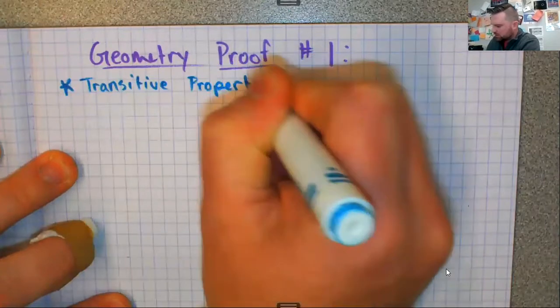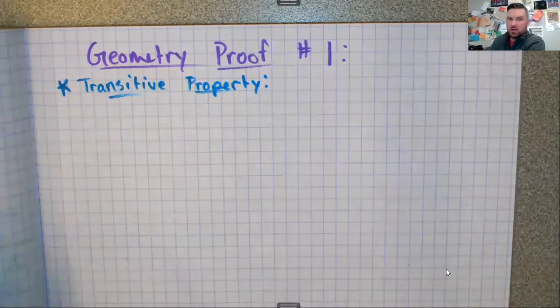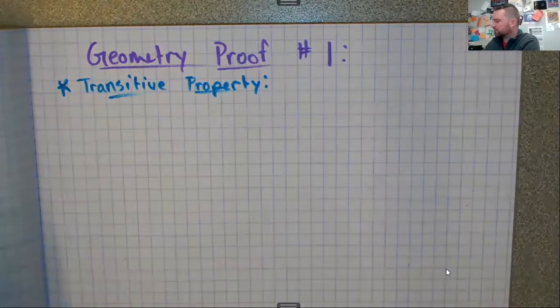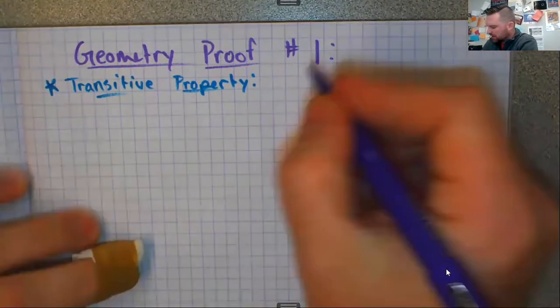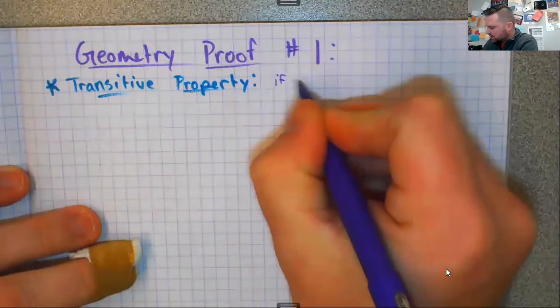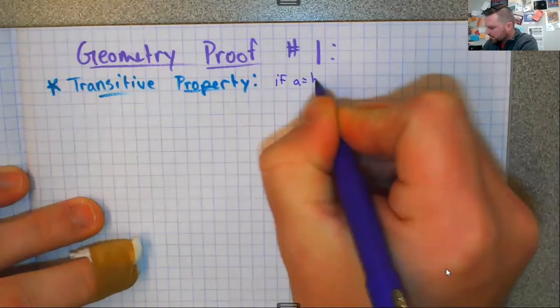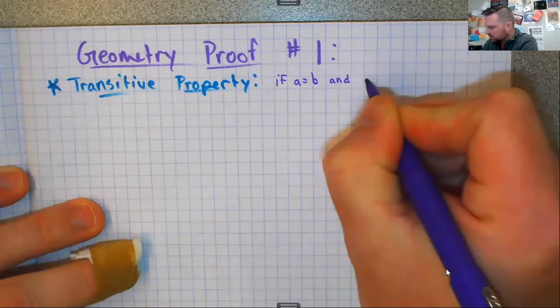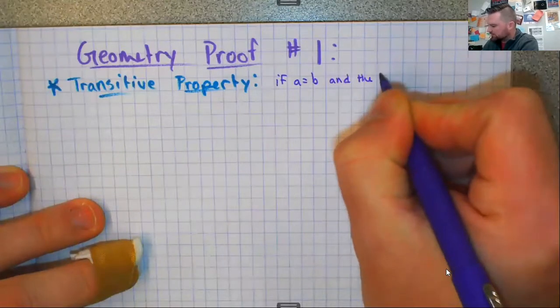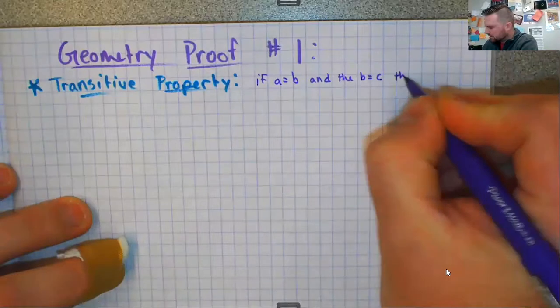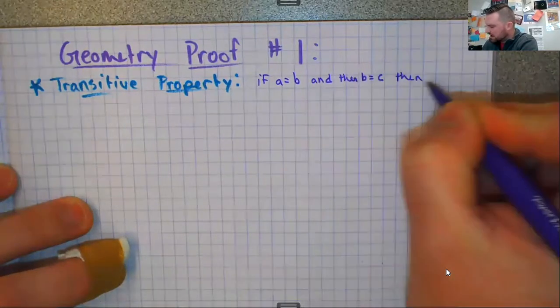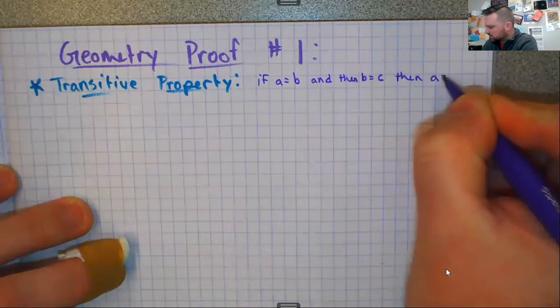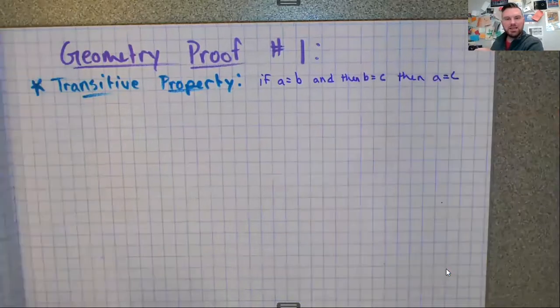And what the transitive property does, and you use it a lot in everyday life, actually, it is a linking property, okay? So an example here would be if A equals B, and then B equals C, then A also equals C. Okay, you can link things together.